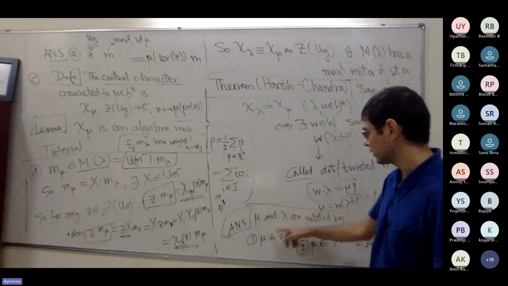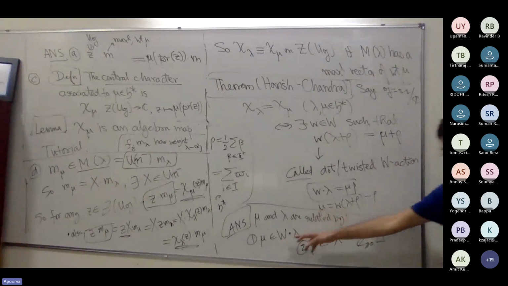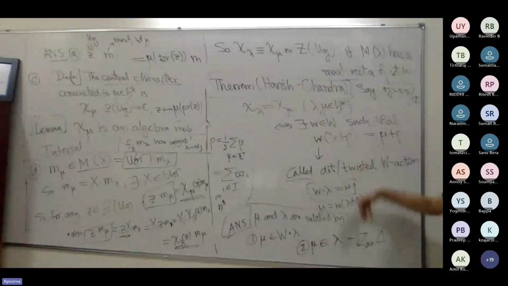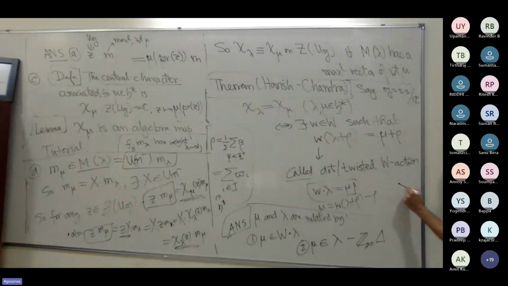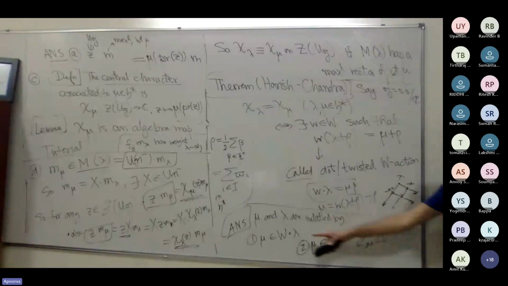The moment you have a maximal vector here, it is necessary to have mu belong to both the twisted Weyl orbit and the cone starting from lambda. You start subtracting alpha 1s and alpha 2s. This is lambda and this is lambda minus alpha 1, minus alpha 2, and so on. Mu is one of these, and it is in the twisted Weyl orbit of this.